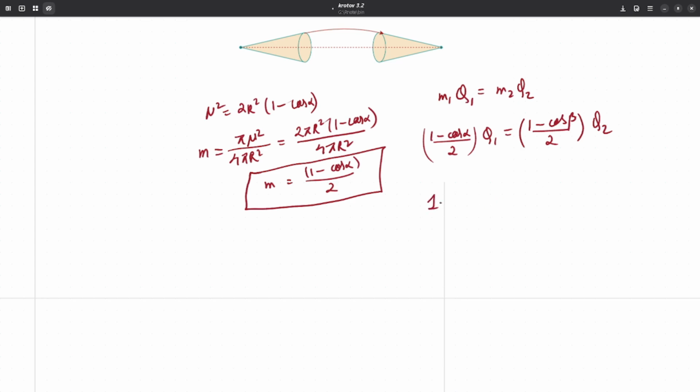We know that 1 minus cos alpha is equal to twice sine square alpha by 2. Hence we can write sine square alpha by 2 to be equal to 1 minus cos alpha divided by 2.